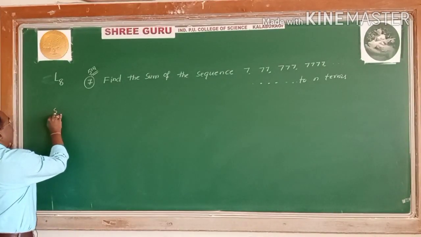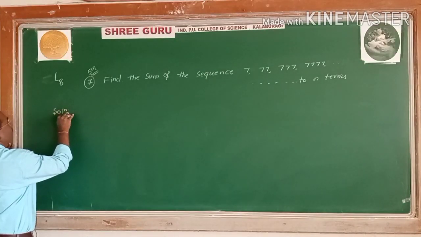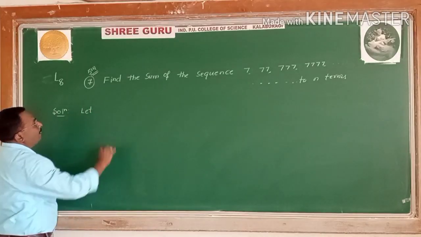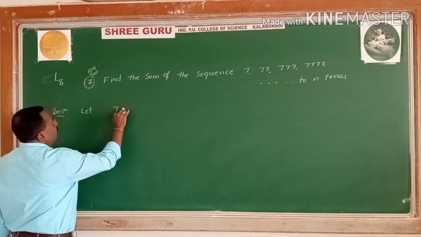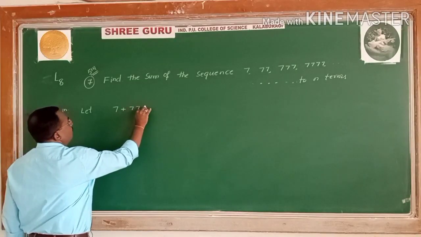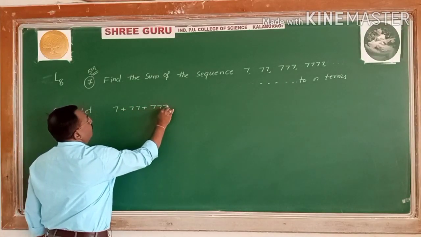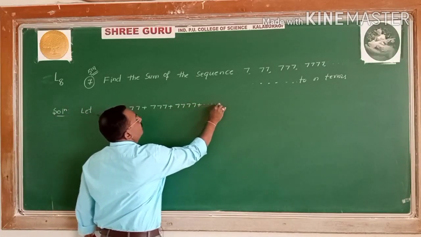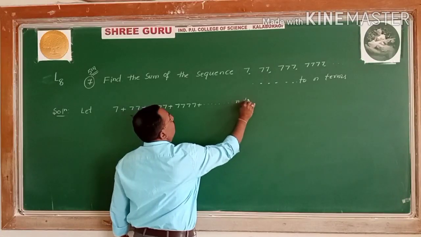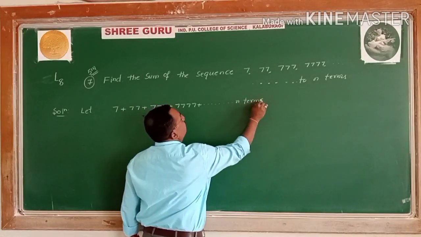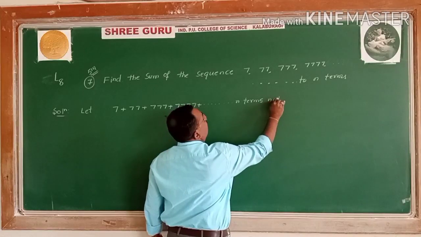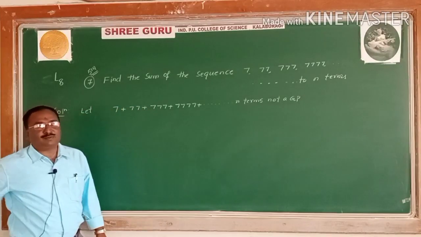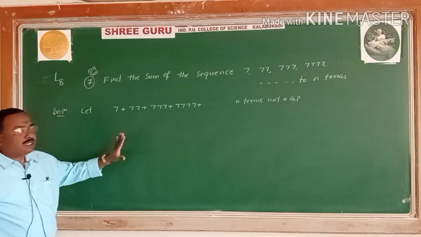Solution. Let S equal 7 plus double 7 plus triple 7 plus 7... plus, to n terms. This is not a GP. There is no common ratio, so it is not a GP.